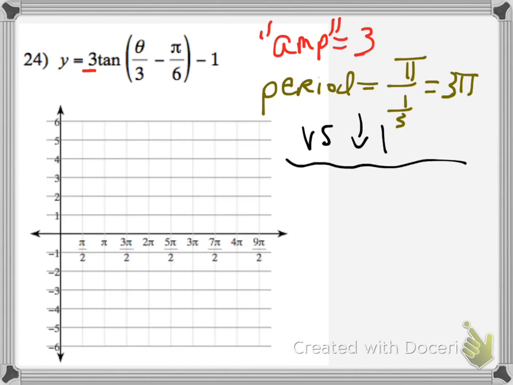Remember, the main section of a normal tangent graph, before the repetition, goes from negative pi over 2 to positive pi over 2. If you need to, grab your unit circle. At negative pi over 2, what is the tangent? It's undefined. At positive pi over 2, what is the tangent? It's undefined. So that's where those two are coming from.